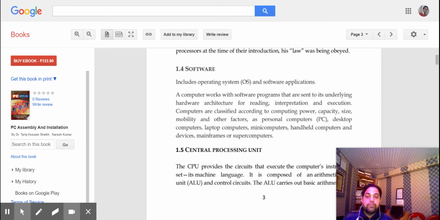This subject shows its significance for real-time applications, for connectors, for networking purposes, and for communications from one device to another.